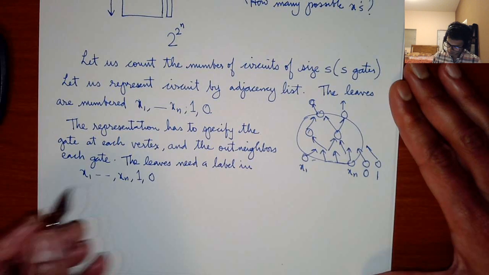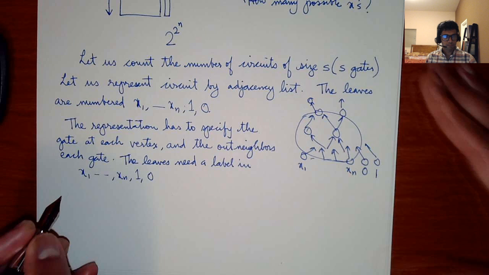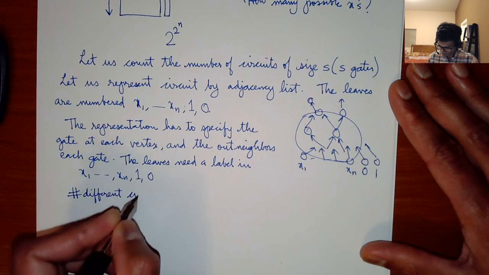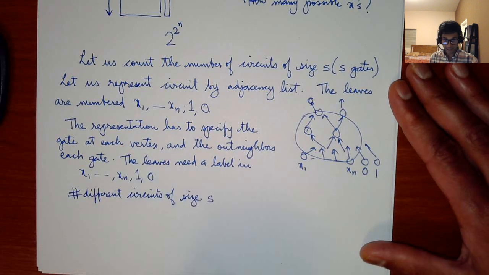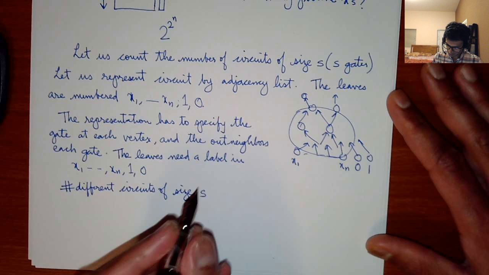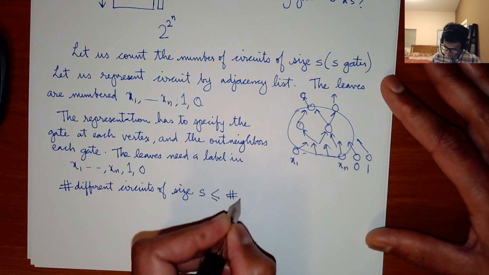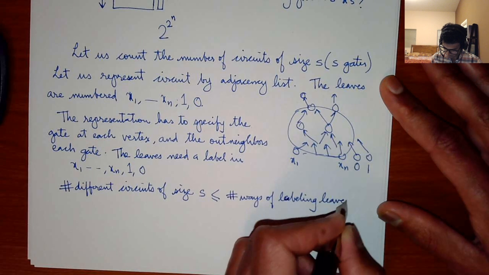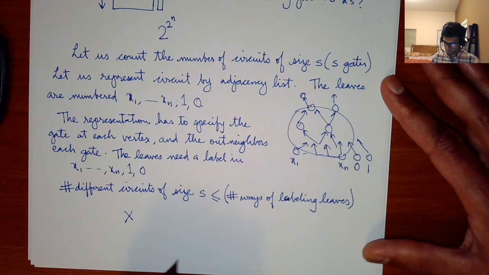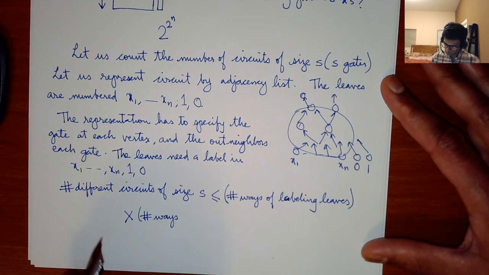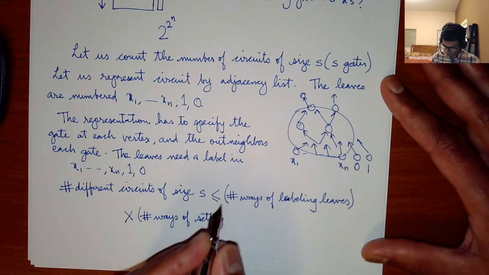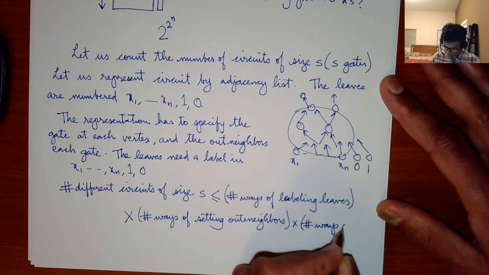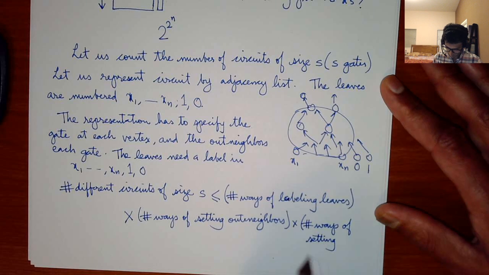Okay, so we'll say the number of different circuits of size S is at most the number of ways of labeling the leaves, times the number of ways of setting the out neighbors, times the number of ways of setting the gates.